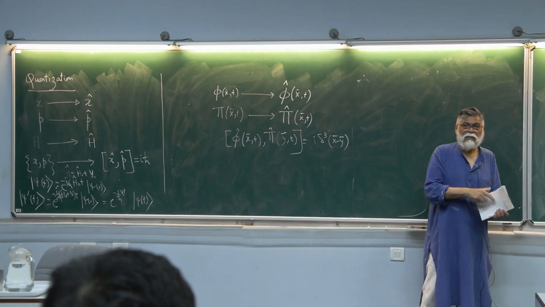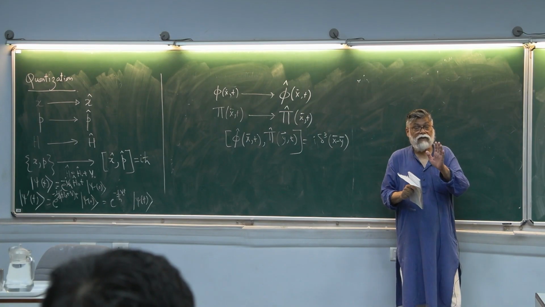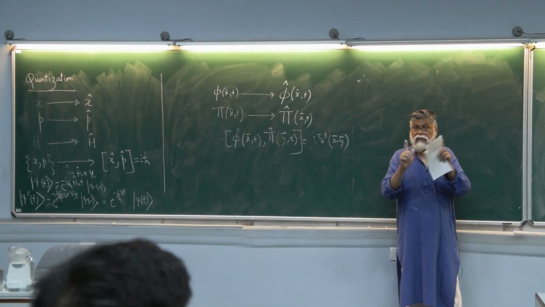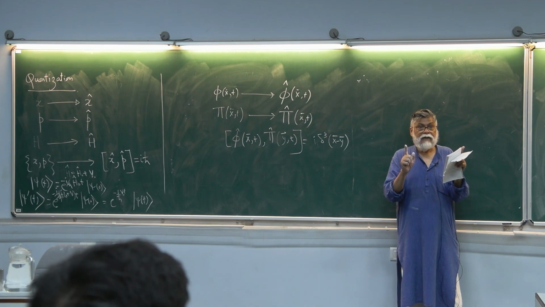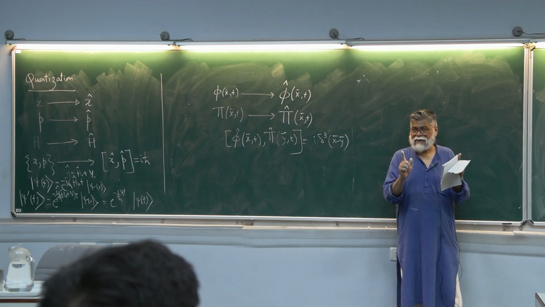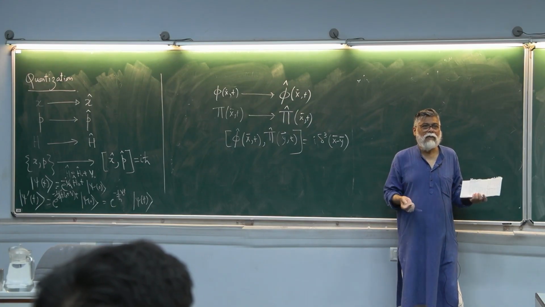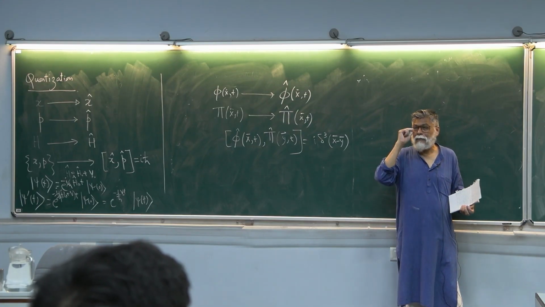Very good. See, the point is, I told you that if two observables don't commute with each other, they cannot be measured simultaneously. Agreed? That we know. We have derived in quantum mechanics the generalized uncertainty principle.